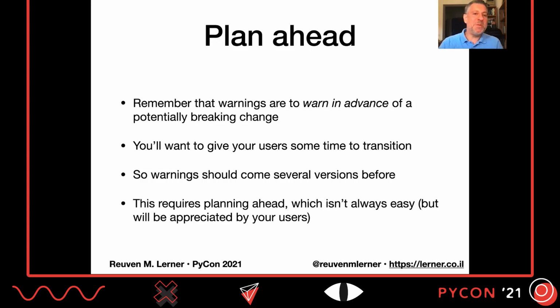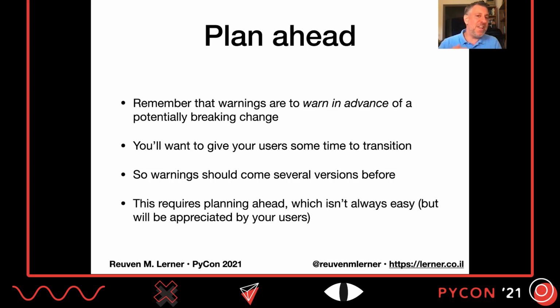So the thing to keep in mind is that warnings require you to plan ahead. You need to warn your users in advance of what they are doing that's wrong and how things are going to break. And we see this in well-maintained open source projects. They plan ahead enough that they can say, okay, in another 2 versions, this is no longer going to work.